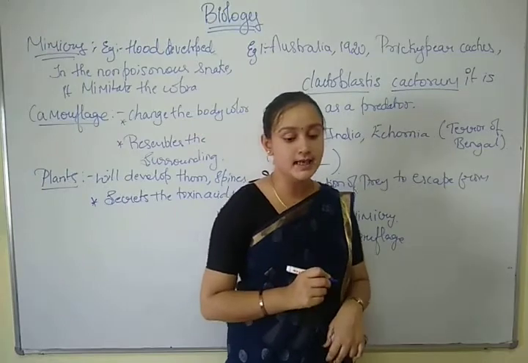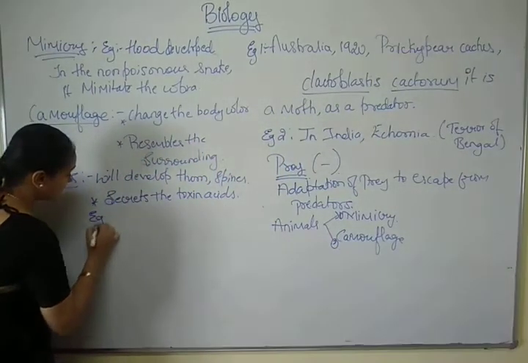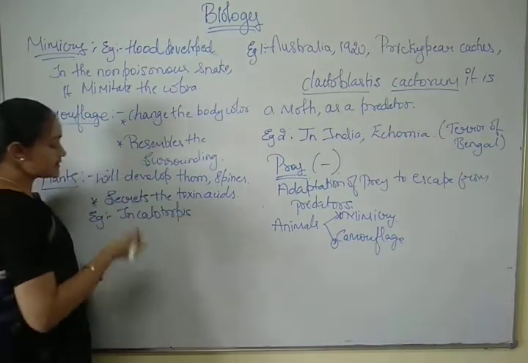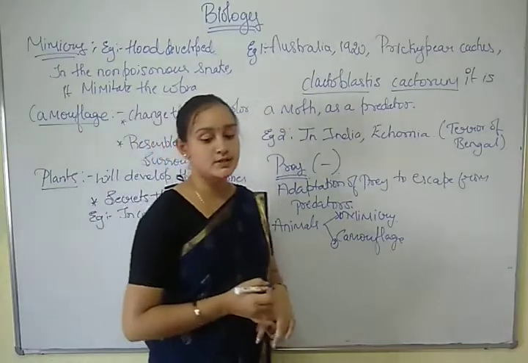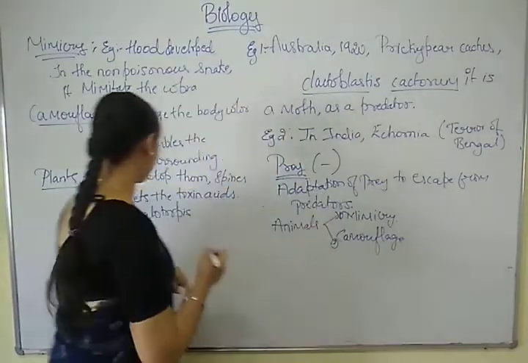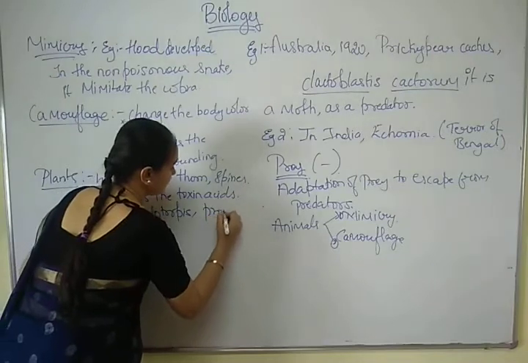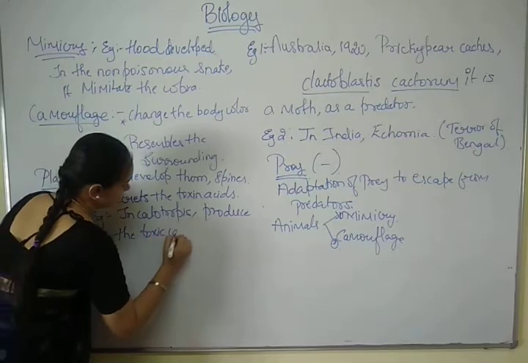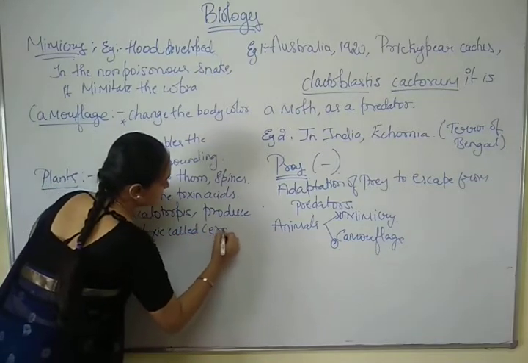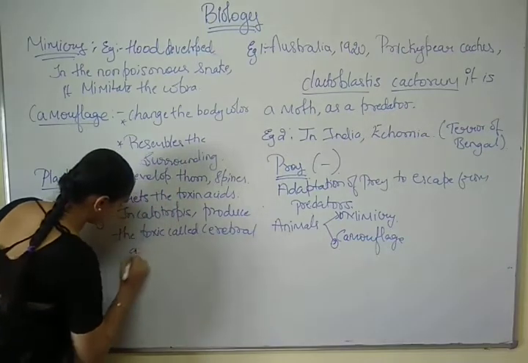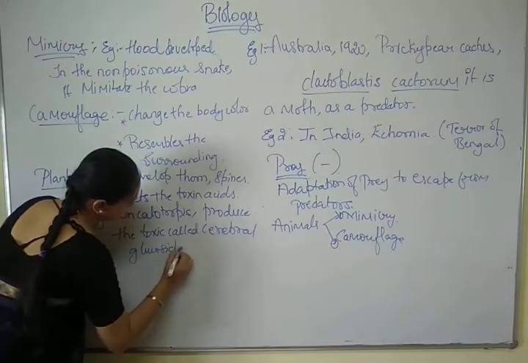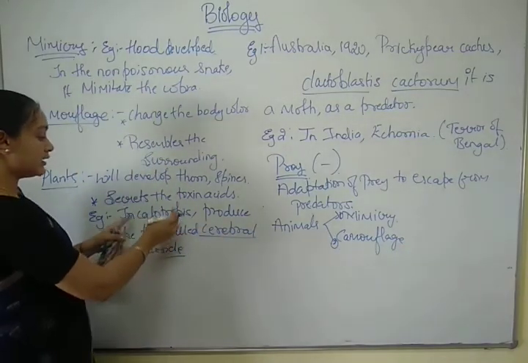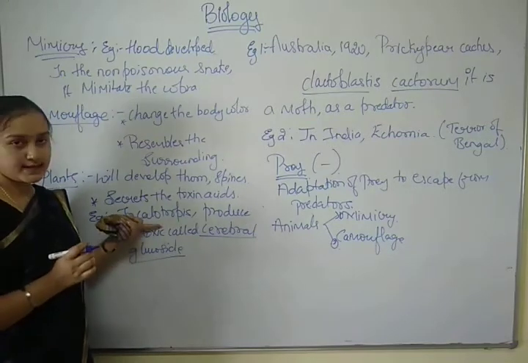Okay, to understand this, there in the plants we have heard the name of a plant that is Calotropis. So for this, the example is Calotropis. This Calotropis will produce a toxin called cerebral glucoside. Okay, this is the name of a toxin which is being secreted by the plant called Calotropis.